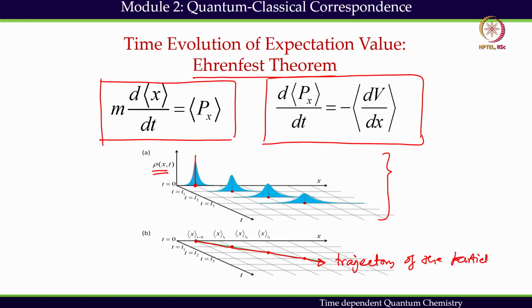But this is not a trajectory of the particle, this is the trajectory of the mean position of the particle calculated from the probability distribution function of the particle. So, some kind of trajectory can be constructed with the help of Ehrenfest theorem.